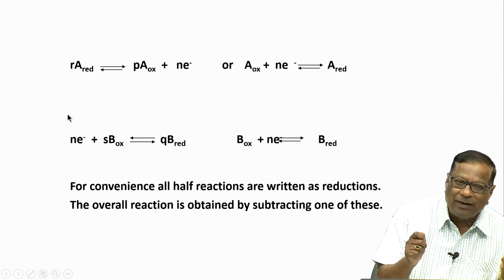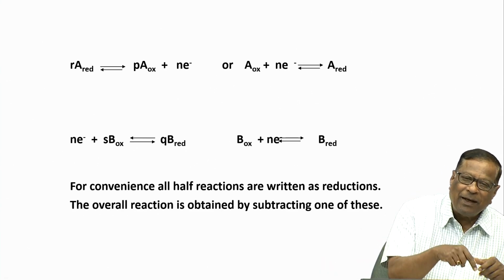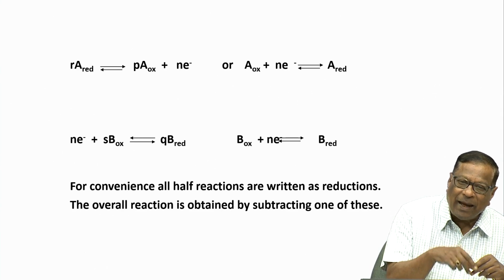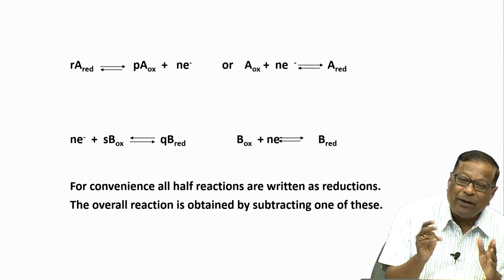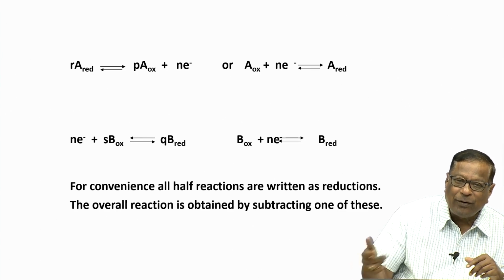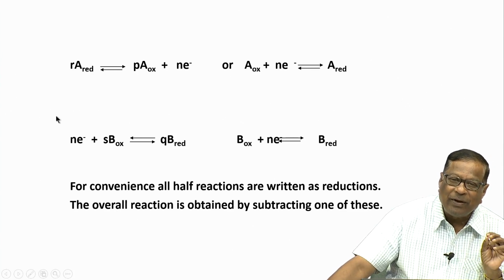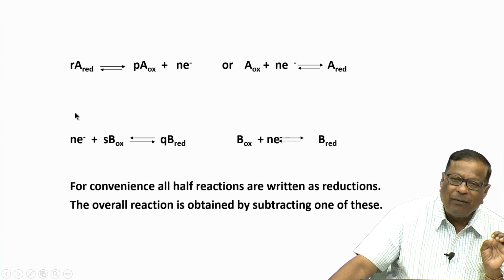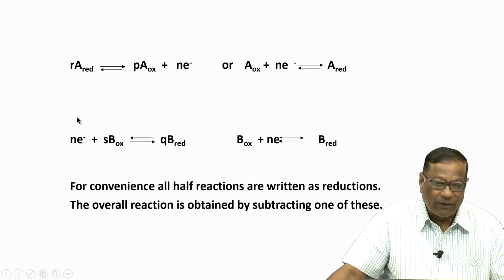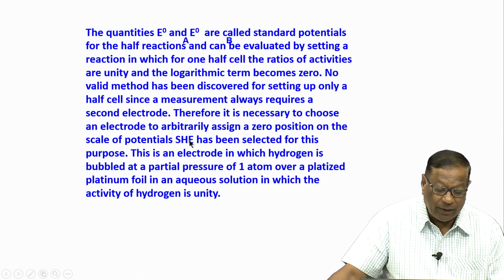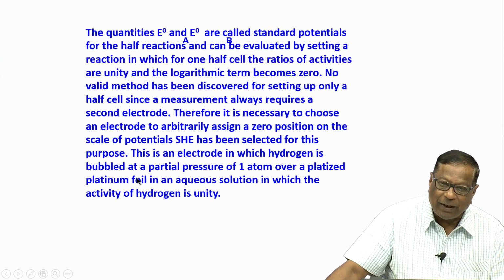I have to measure with another half cell, and that other half cell is a hydrogen electrode. By convention, we give that hydrogen electrode a value of 0. That is the standard hydrogen electrode.